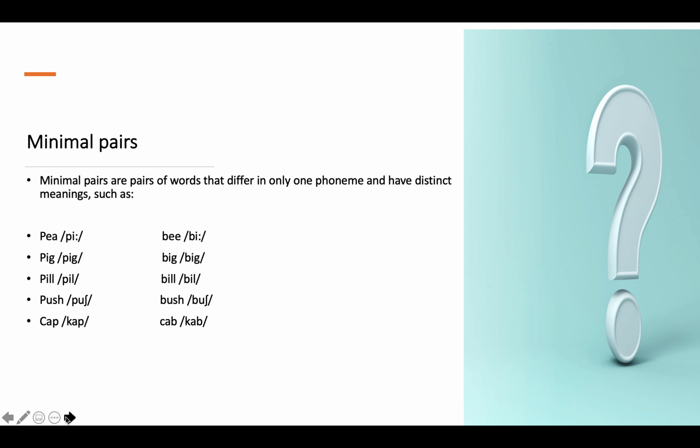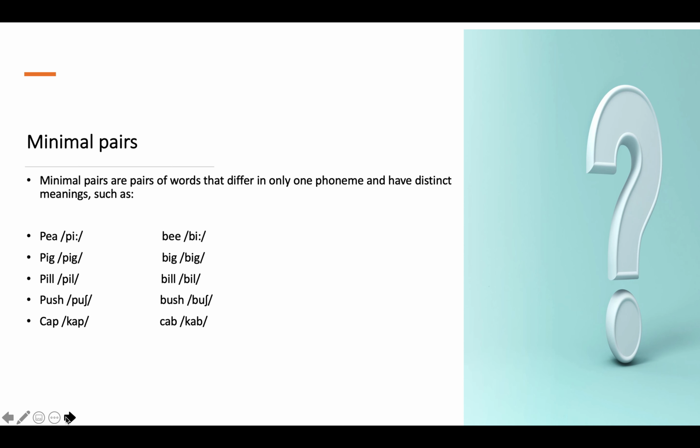Minimal pairs. Minimal pairs are pairs of words that differ in only one phoneme and have distinct or different meanings, such as p and b: pig, big, pill, bill, push, bush, cap and cab.